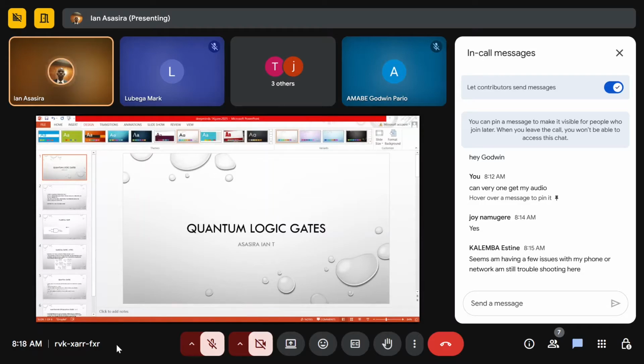The NOT gate takes in an input and inverts it. It gets one and puts out zero; gets zero and puts out one. The AND gate takes two inputs, and if they are both true, then you get true.